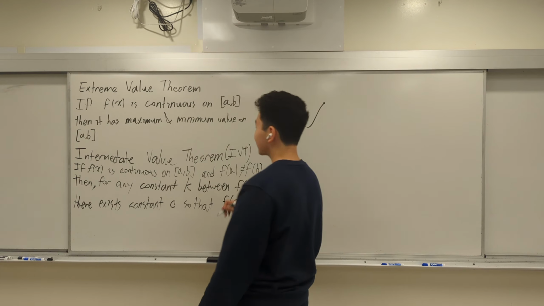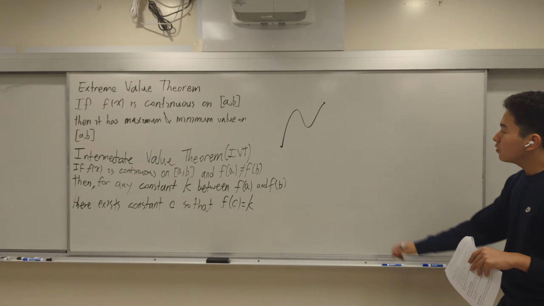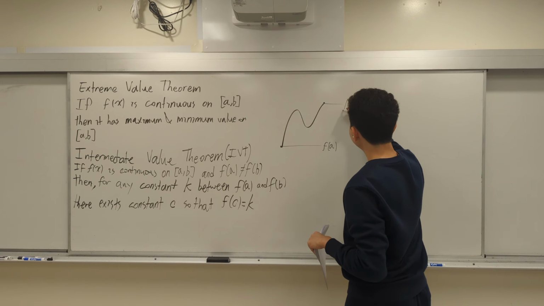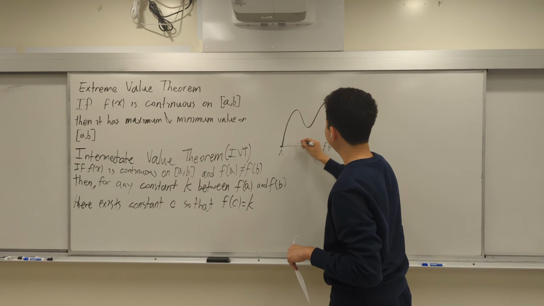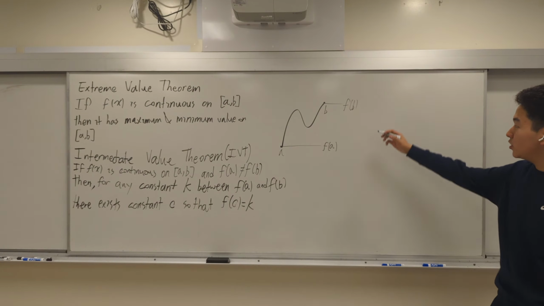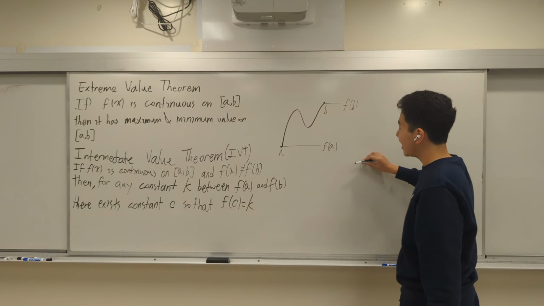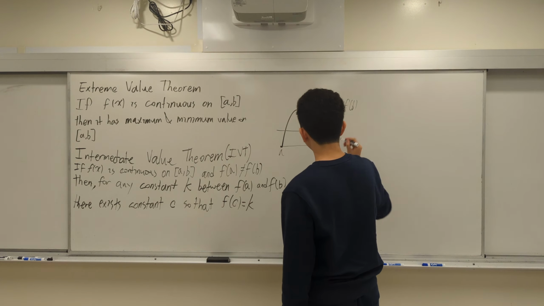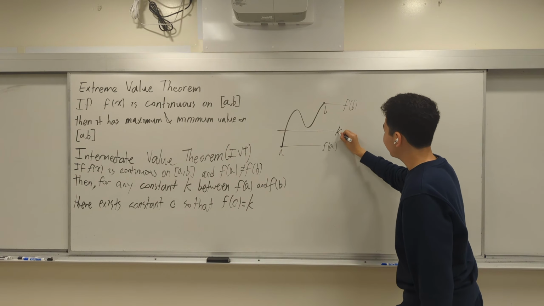Okay, so what does this all mean? Remember, the y-coordinate of this is f of a, and the y-coordinate of this is f of b, and the x-coordinates are a and b. I'm going to choose any constant between these two numbers, between f of a and f of b. Let's say I pick this one. This is the k that I pick.